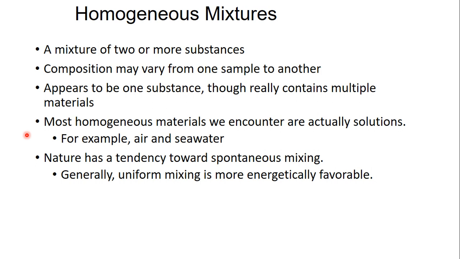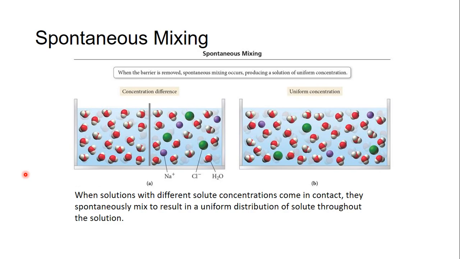And the reason why things mix at all is that mixing is just energetically favorable. It lowers energy to have stuff mixed, and so nature wants to go to low energy. So let's just take a look at spontaneous mixing. So we have two solutions with a partition. Solution 1 is water.